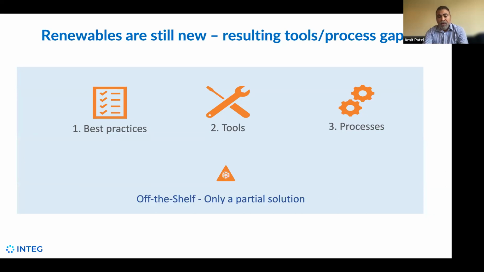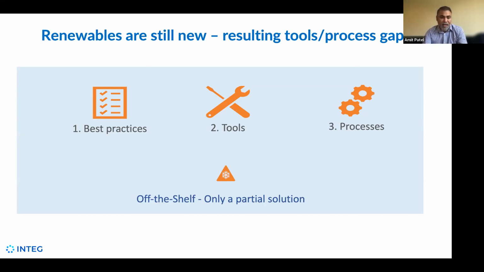So there's a resulting tools and process gap. Best practices are still getting created, and the tools to address the problem may not necessarily be there. I'm talking about IT tools and processes also. Now, we can ask, let's just buy off-the-shelf solutions.